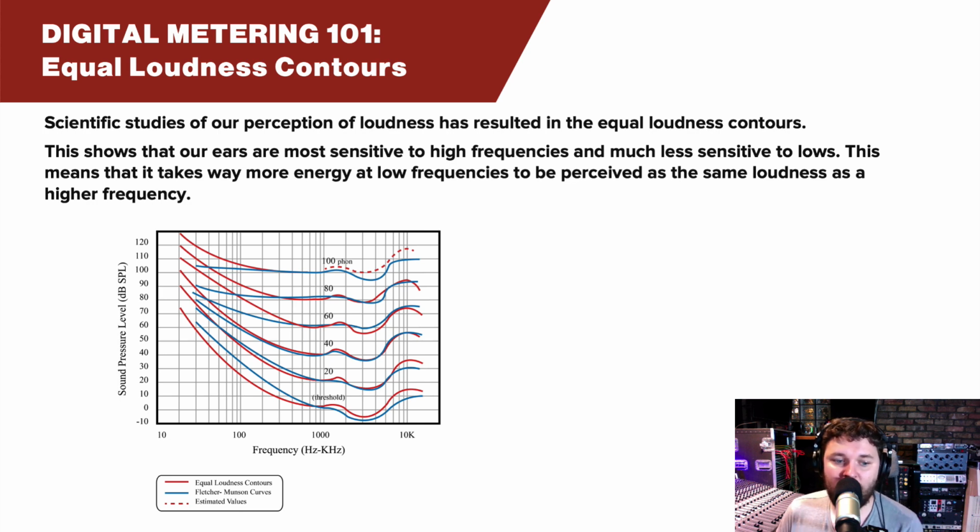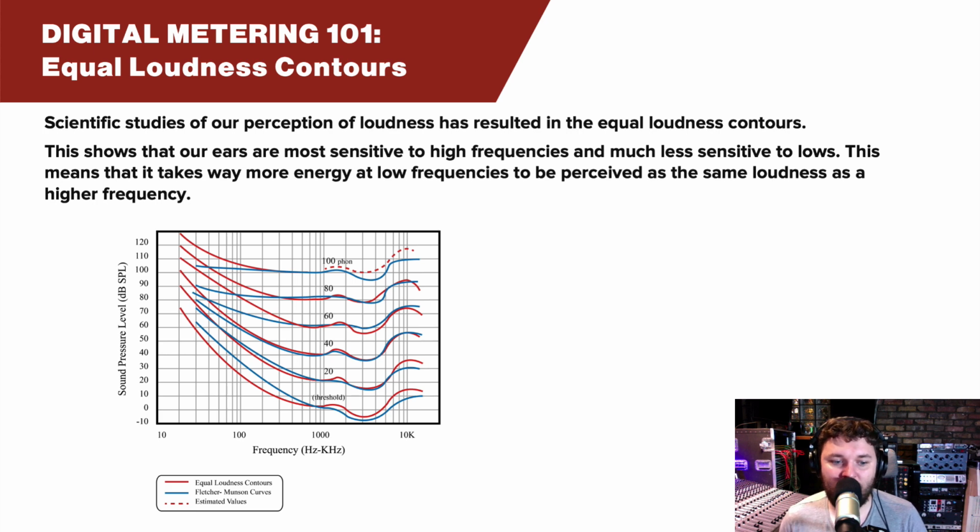So at the threshold of our hearing, i.e. the quietest sound that we can comprehend, we can see that we're most sensitive to sounds between kind of 1K and 6K, which makes sense because that's the kind of intelligibility of human speech. Whereas at lower frequencies, it takes way more energy for that tone to be perceived as the same volume. Okay, so that's what these curves are showing.